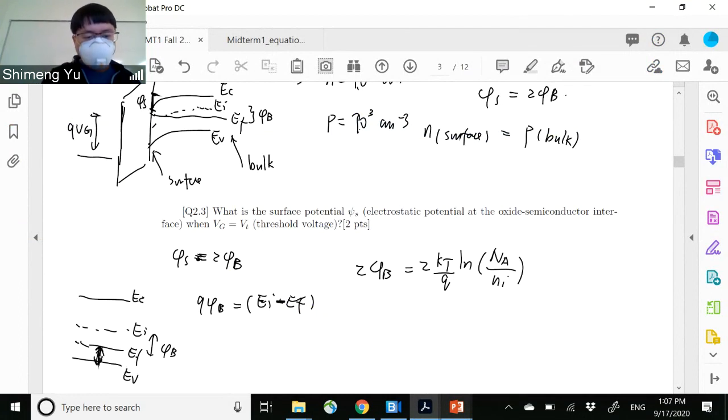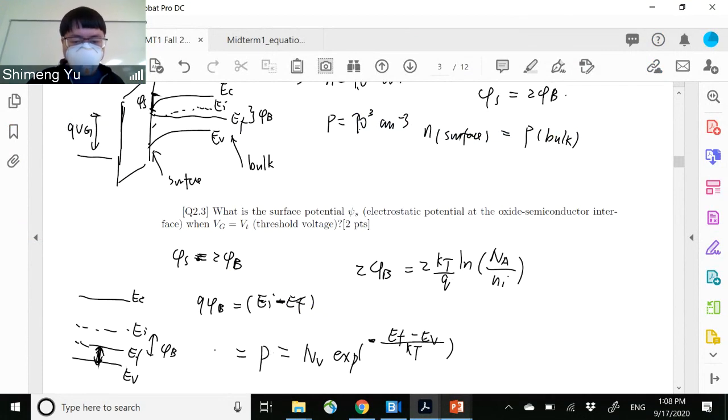This distance is your p-type doping, right? If you recall that distance. So this EF minus EV, over kT. If you negative sign here, that's fine. So this one is your p-type density.